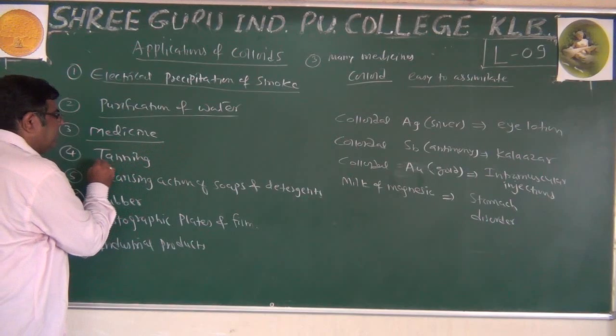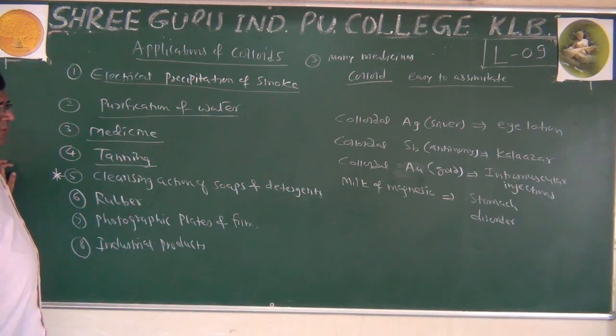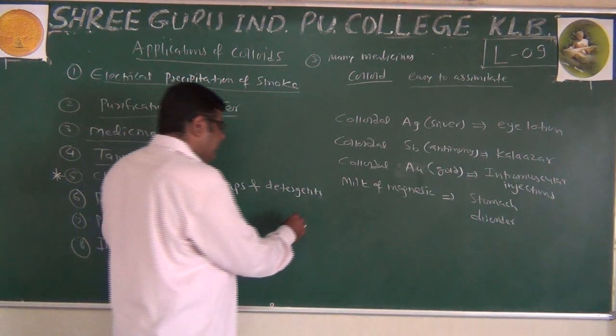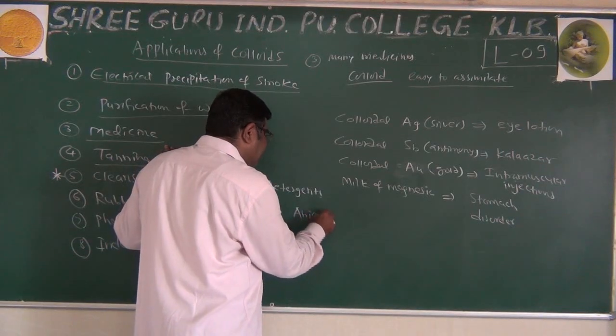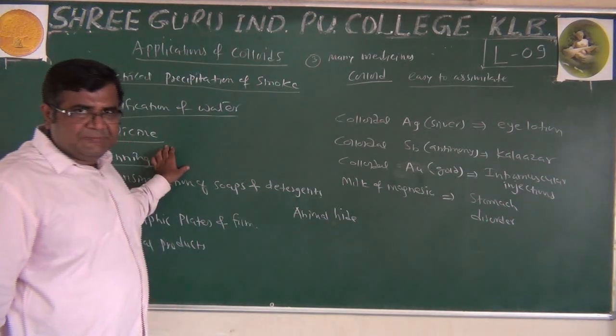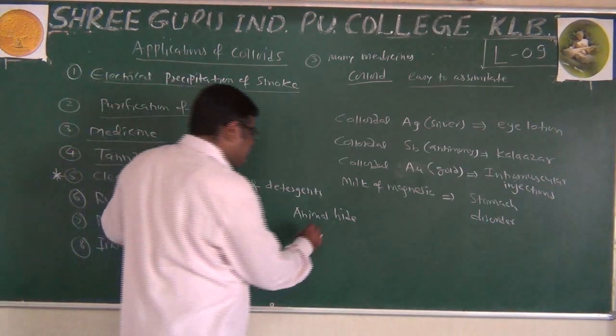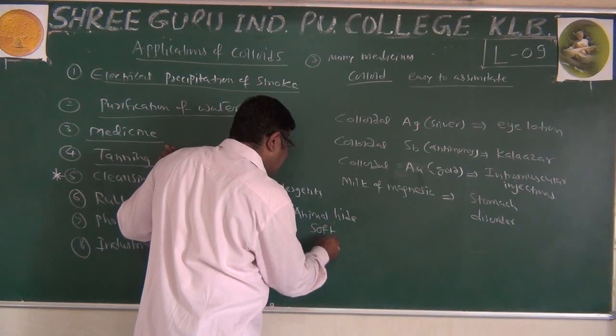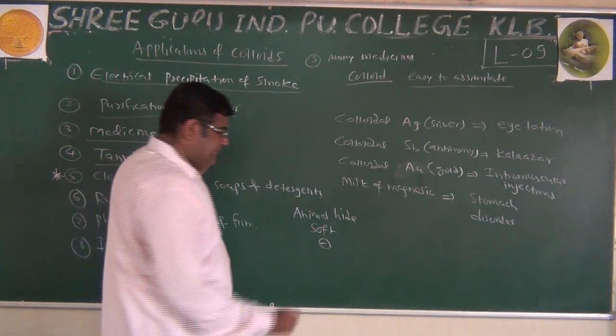And next is the tannin. Tanning means if you take the animal hide, meaning skin of a dead animal, it is very soft and it is negatively charged colloid.